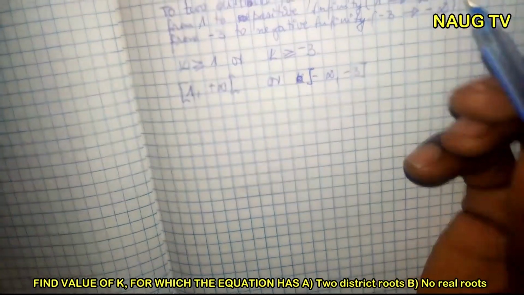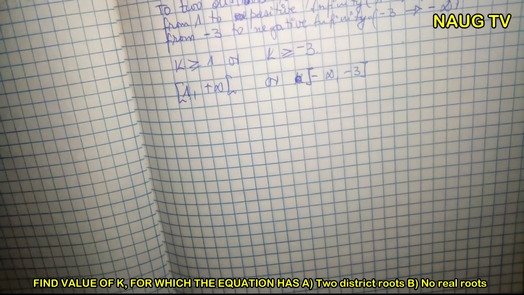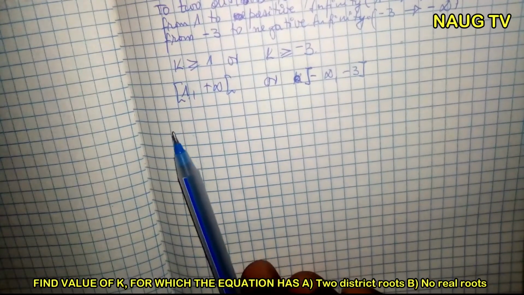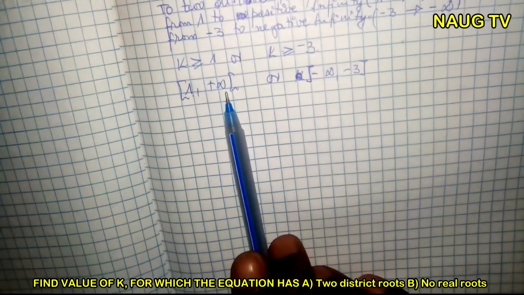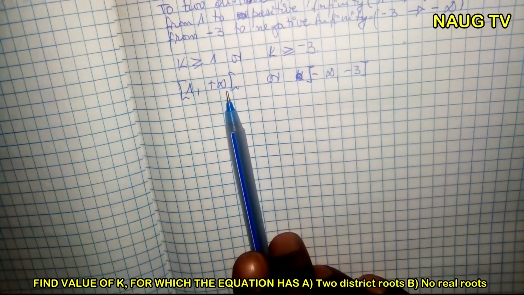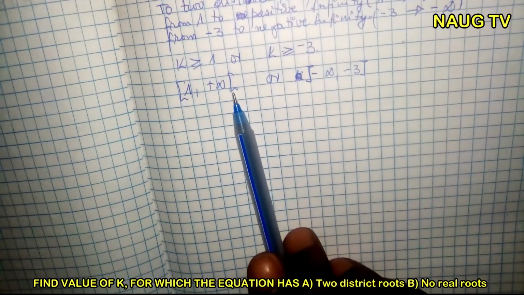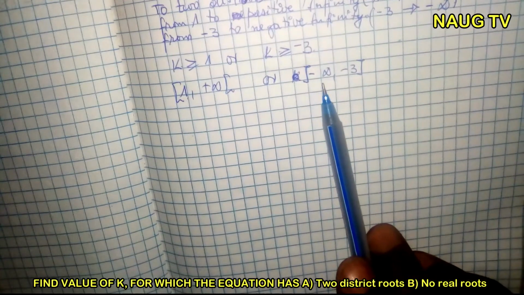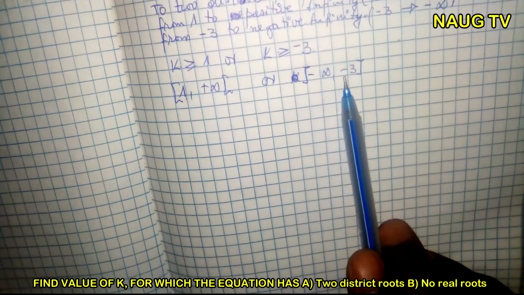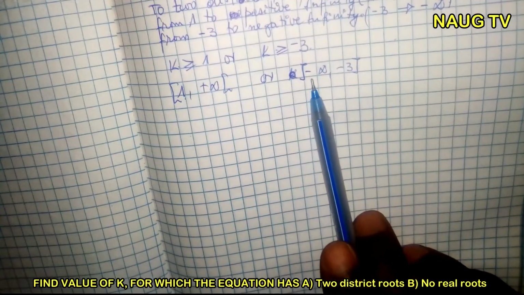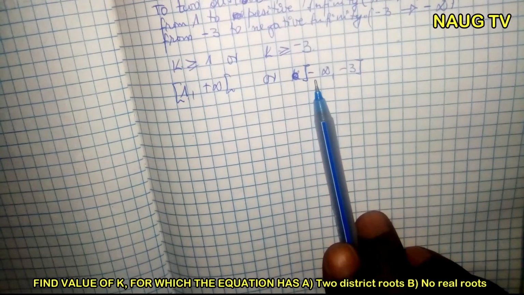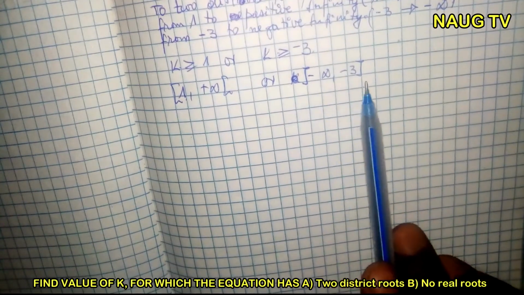So this simply means that from 1 to positive infinity we will have 2 distinct roots, or from negative 3 to negative infinity we will also have 2 distinct roots.